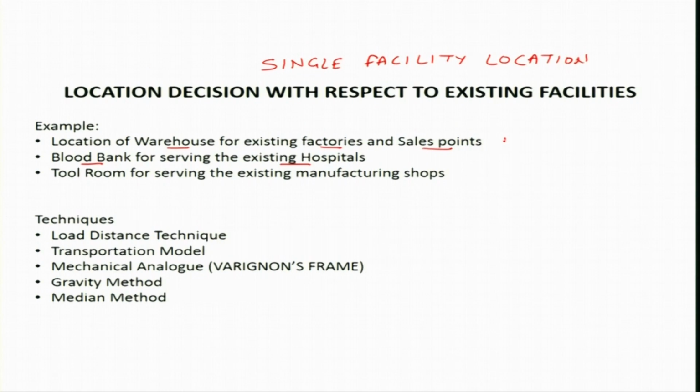In the first example also, we want to locate the warehouse so that the total transportation cost is minimum, or the total weight-distance unit is minimum.